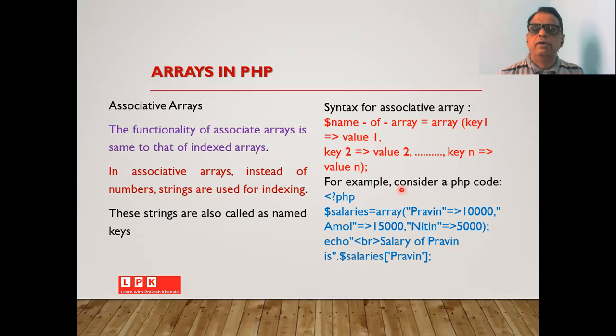For example, if I write a PHP code, say salaries is equal to array, then Praveen has a salary of 10,000, Amol has a salary of 15,000, Nitin has a salary of 5,000. Then we can display the salary of Praveen by using dollar salaries and giving the key as Praveen.